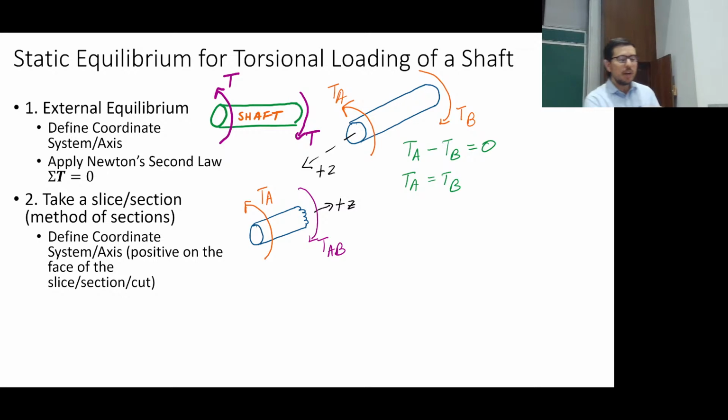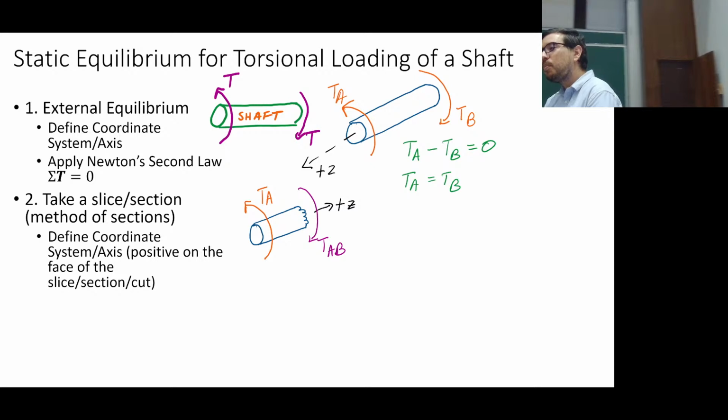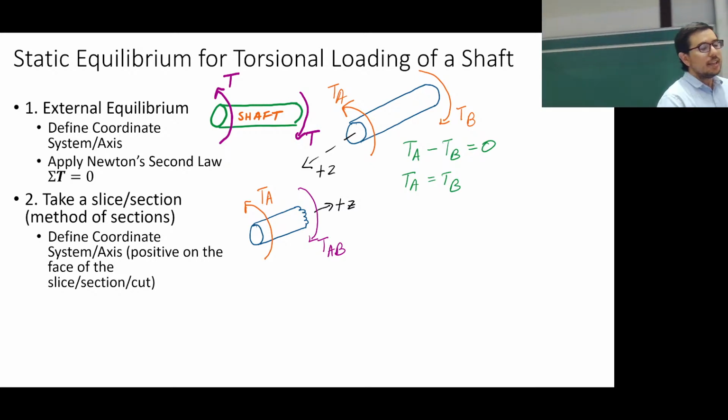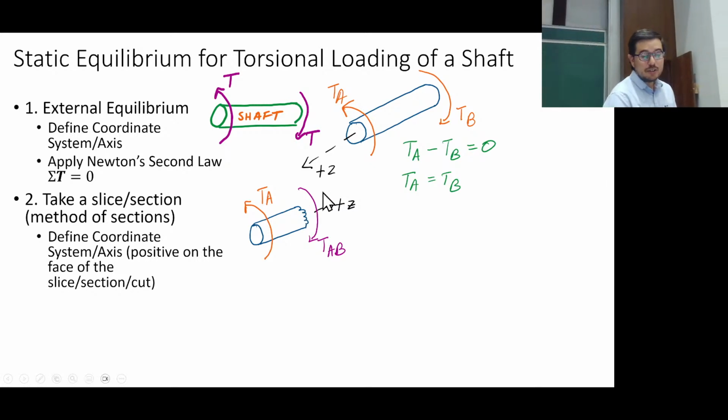Does the direction I define TAB depend on the direction TA is? I thought that's what you were going to ask. And the answer is no. All right? We are trying to follow a convention. Okay? And so the convention is draw it out positive from the surface that's been cut. Okay? Now, I think what you might have been getting to is if this axis is here versus here versus here, does it depend on where it is? Maybe is that what you were saying on the cross section?